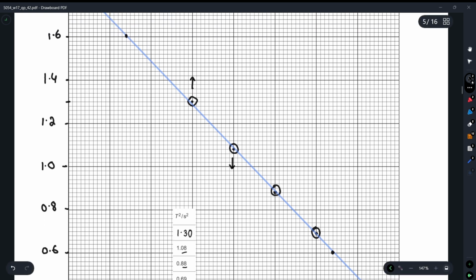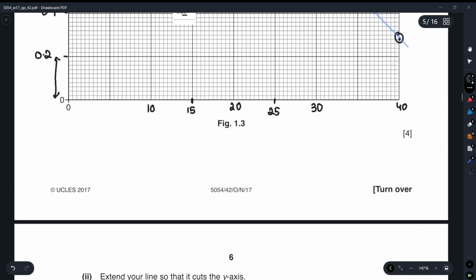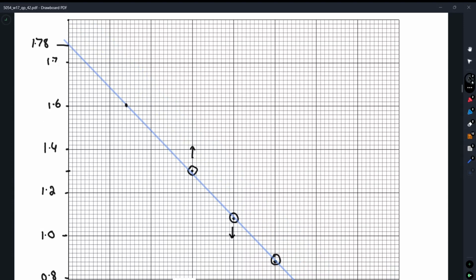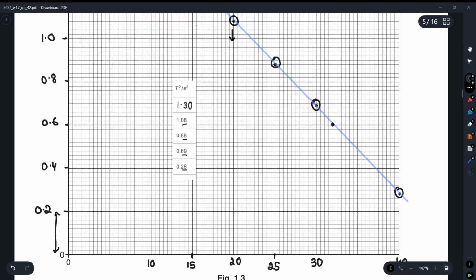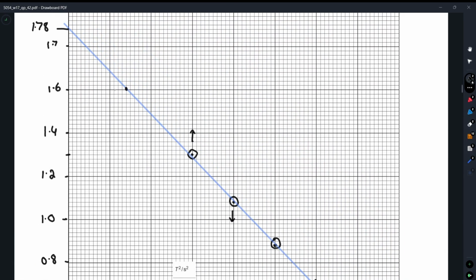So I've got 1.6 and 10, 11, 12, 13, 9. Okay, so I've got 0, 0.5, 0.9, 8 seconds. So 10 is okay. So I've got 5, 5.5, 6, 6.5, 7, 7.5, 8, 8.5, 9, 9.5, 10. Okay.